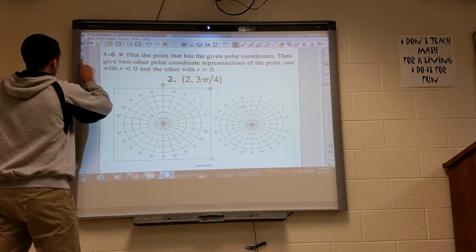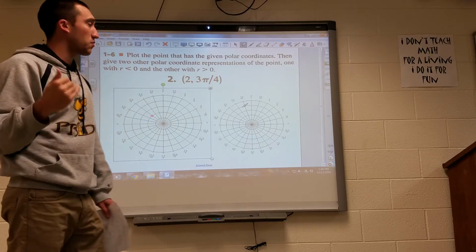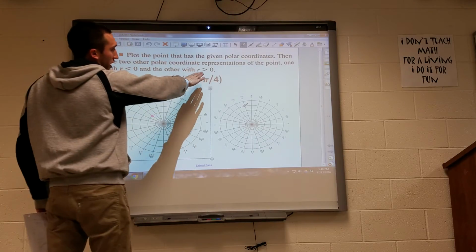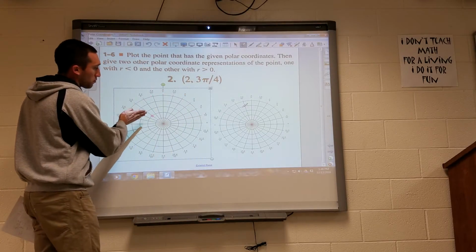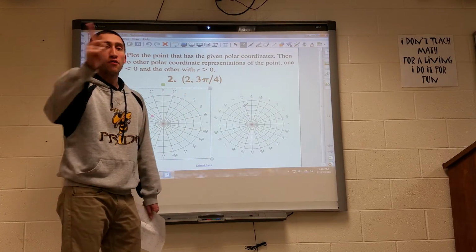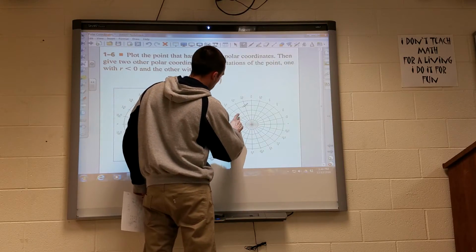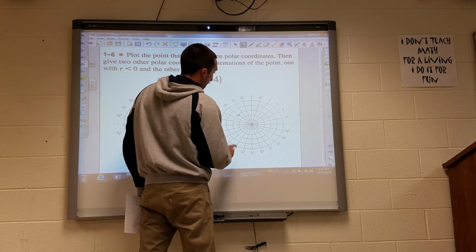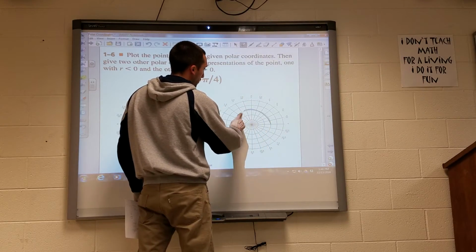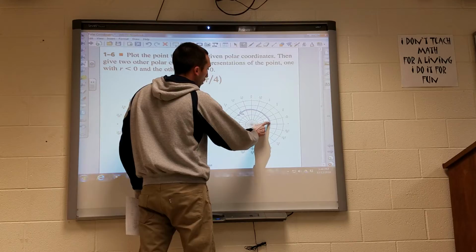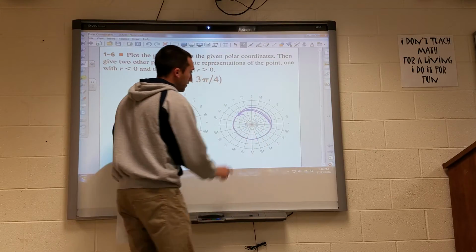So we're going to keep the radius positive, so our radius has to stay 2. We have to be the same distance away, but what we can change is the angle that we've gone. I want to end up at the same point, but I'm just going to go around one more time. We were here, 3 pi over 4, but I don't want to just go from here to here. I want to go all the way around and then back to there.